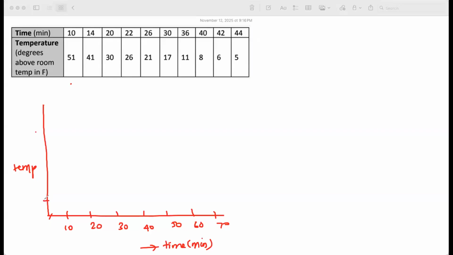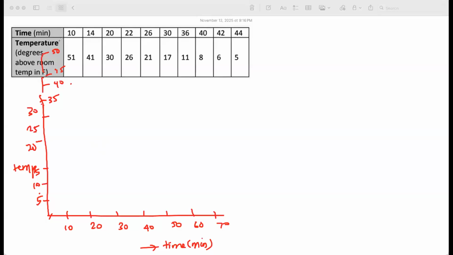How do I want to plot it? 10, 20, 30. But you know what? This is smaller, meaning the scale I can go 5, 10, 15, 20, 25, 30, 35, 40, 45. What happens here? 50.